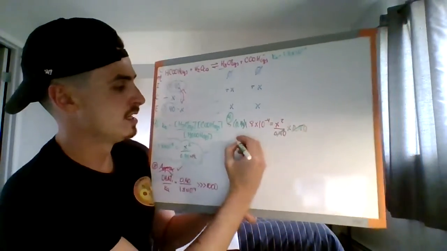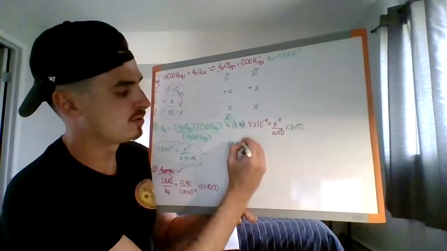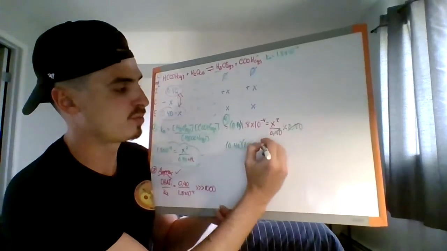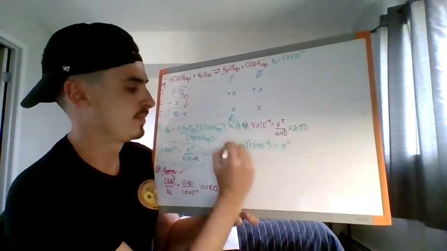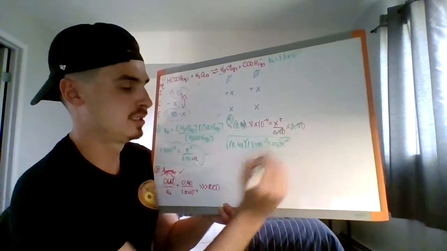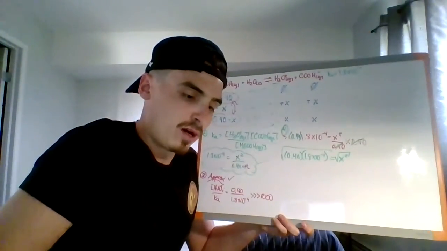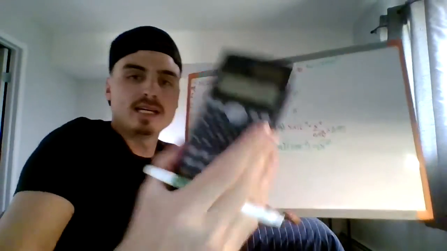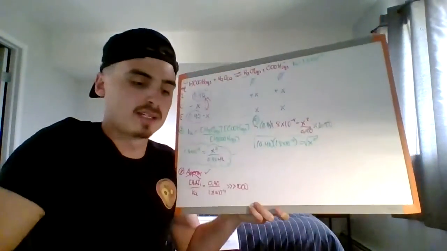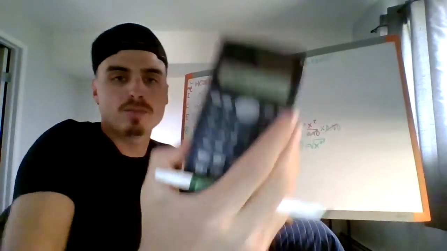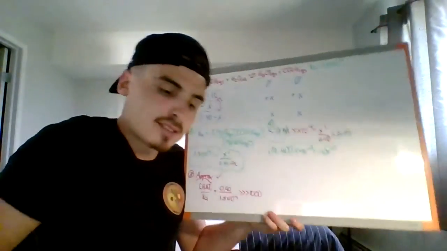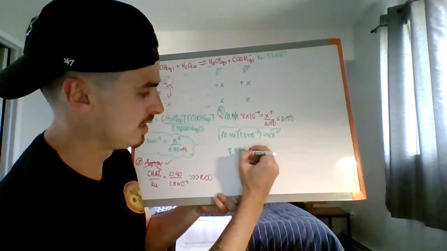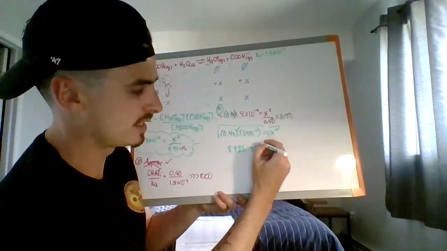This is canceled, so I'm going to get 0.40 times 1.8 times 10 to the negative 4, again, try to use brackets, is X squared. Let's square root both sides. So 0.4 times 1.8 times 10 to the negative 4 is 7.2 times 10 to the negative 5. Square root that number, and you get 8.485... times 10 to the negative 3.